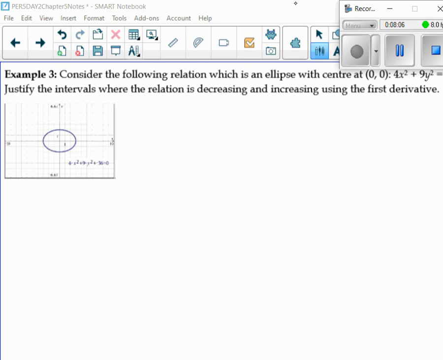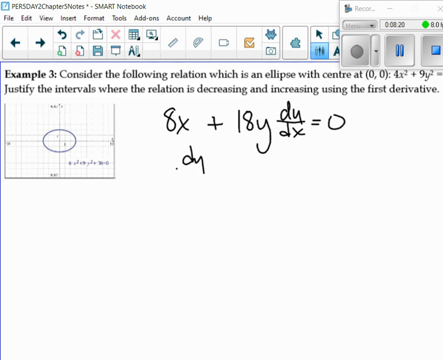Okay, so first things first, derivative: 8x plus 18y y prime equals 0, so dy/dx equals negative 8x over 18y, which reduces to negative 4x over 9y, yes?